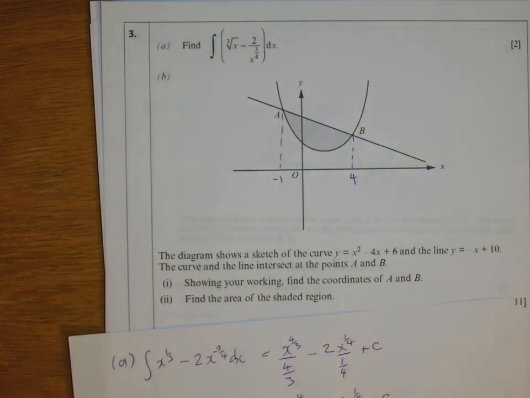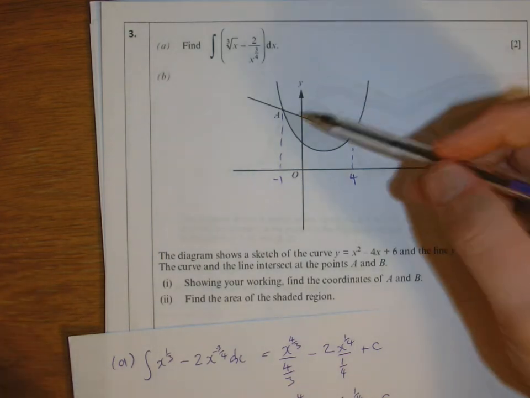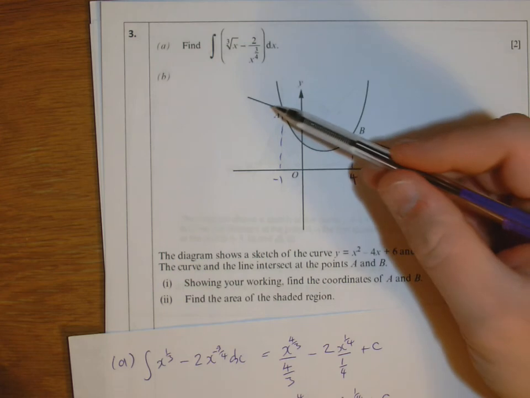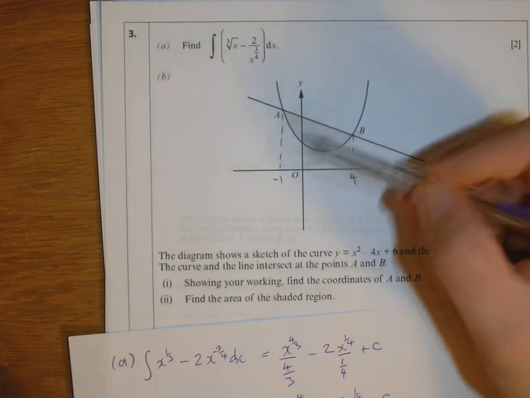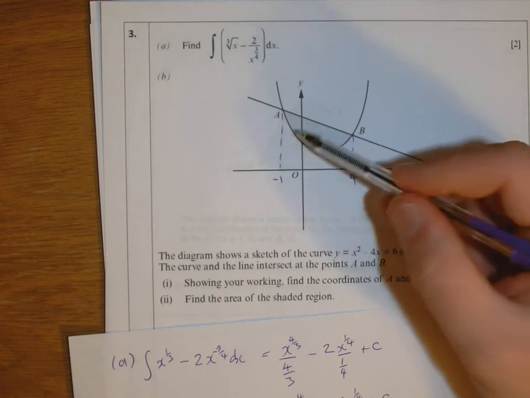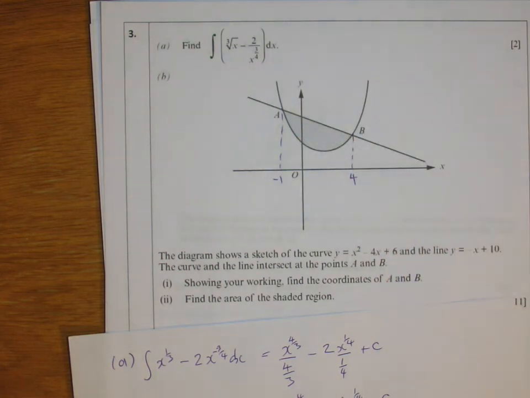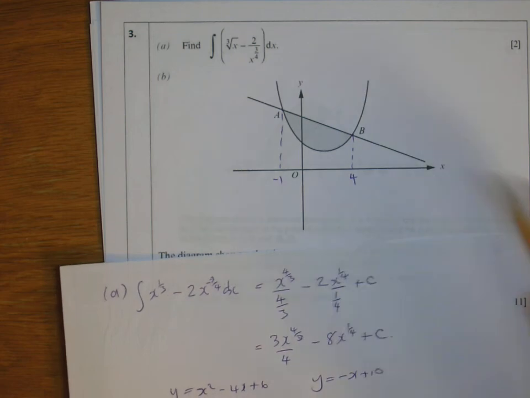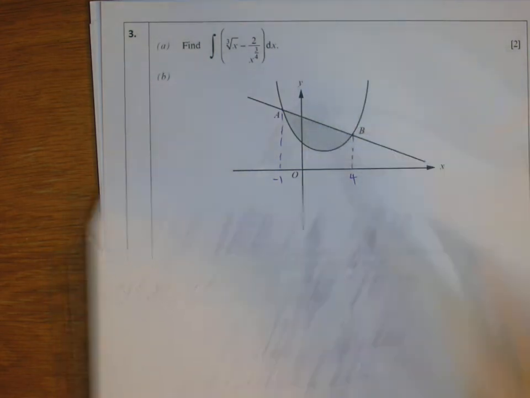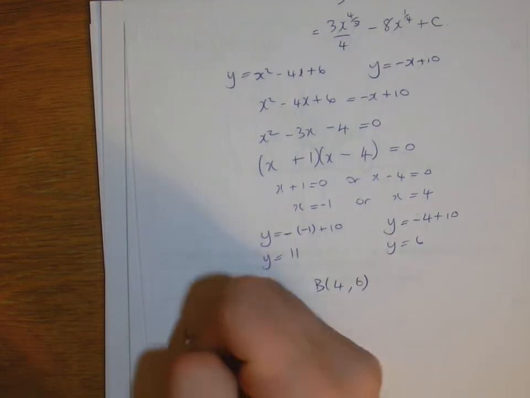So then we want the shaded area. Remember, the line is actually above the curve, so if we work out the area under the line and then the area under the curve, and look at the difference between the two, we get the shaded area. Let's do the area under the line first, because that's going to give us the biggest value.